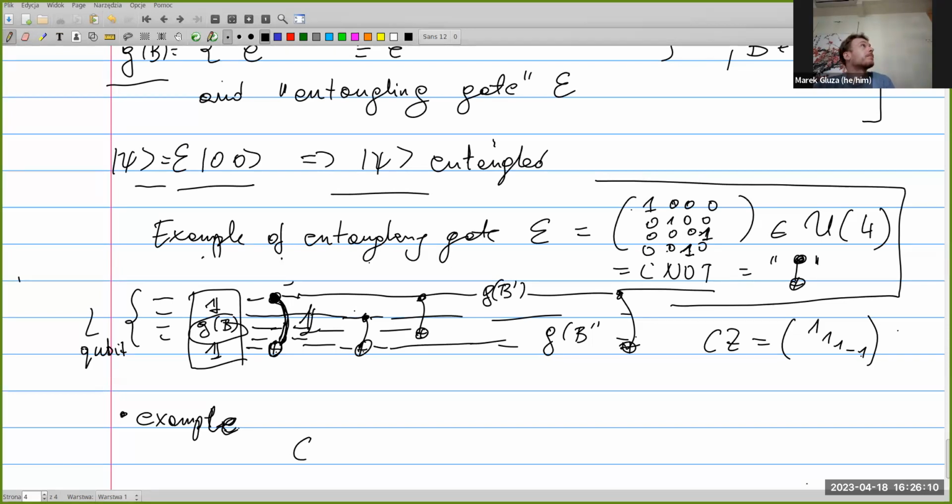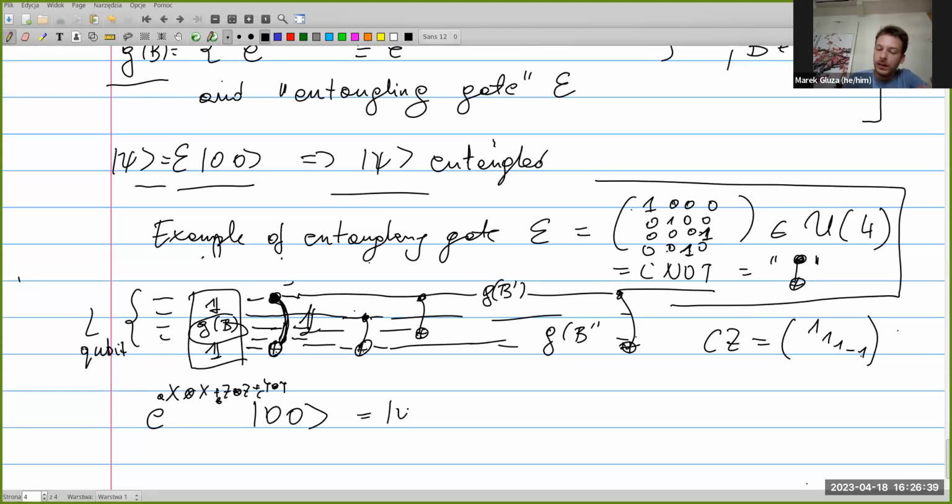How to explain this? That would need maybe a tutorial on entanglement. But basically, if I start with a 0, 0 state and I apply any evolution of this type, ZZ plus maybe Y tensor Y with some angles A, B, C, and I apply it to psi, if those A, B, C are non-zero, then psi is entangled.